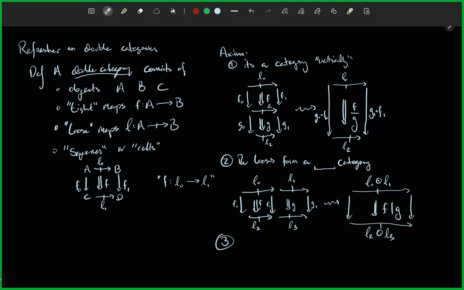And then three, we have the so-called interchange. This says that if I have four squares, F0, F1, then F2, F3 is equal to F0, F2, then F1, F3.